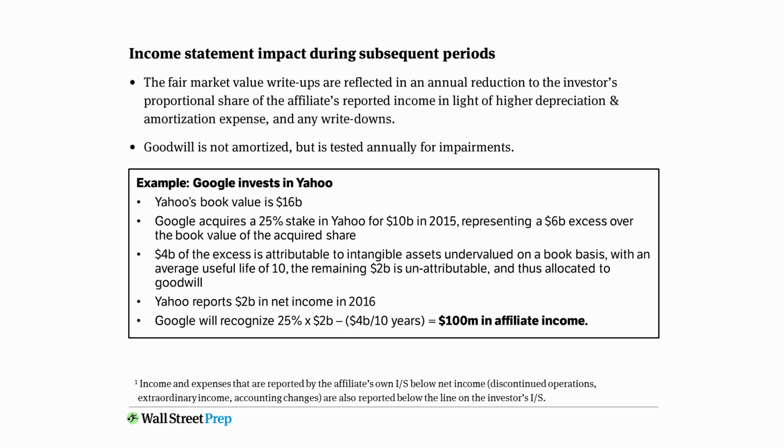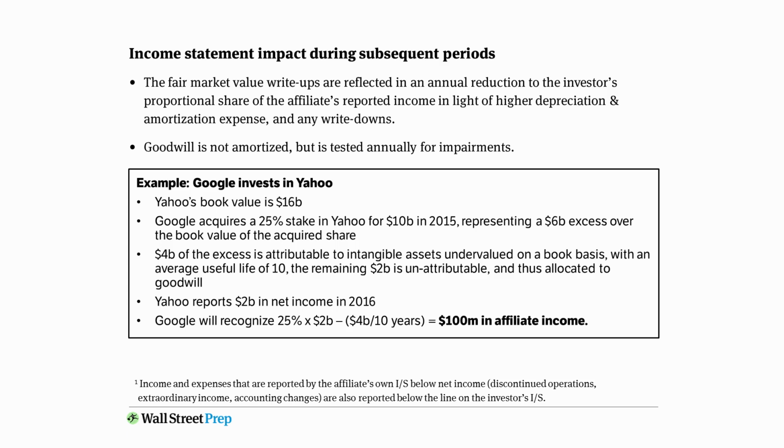We have intangible assets worth $4 billion with a useful life of 10 years. That means every year that excess intangible asset fair value generates $400 million in intangible asset amortization. That doesn't actually affect the Yahoo financial statements, or what Yahoo reports for net income, because they don't get to write up those intangible assets under the historical cost principle.